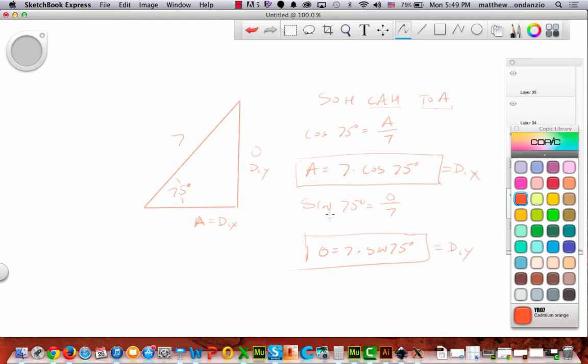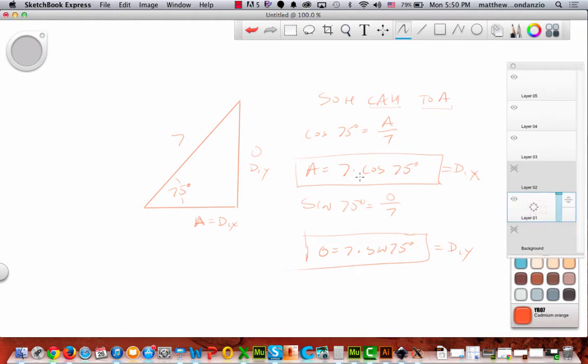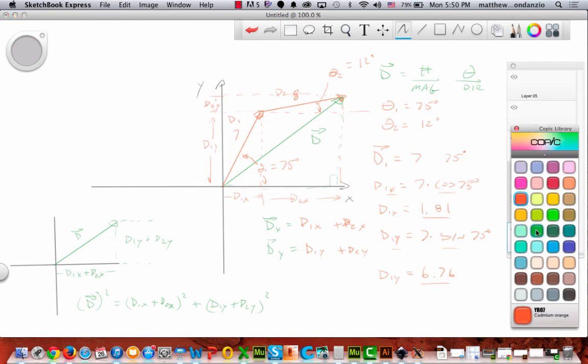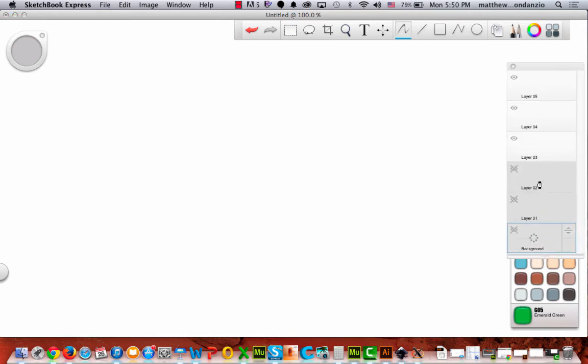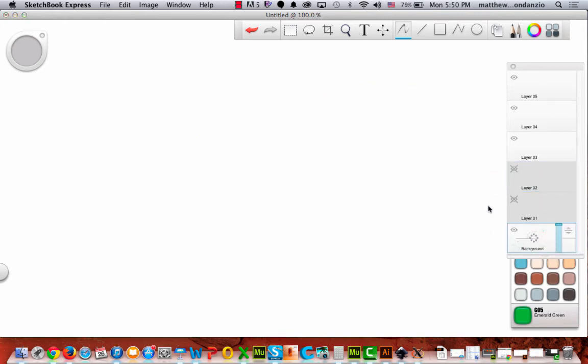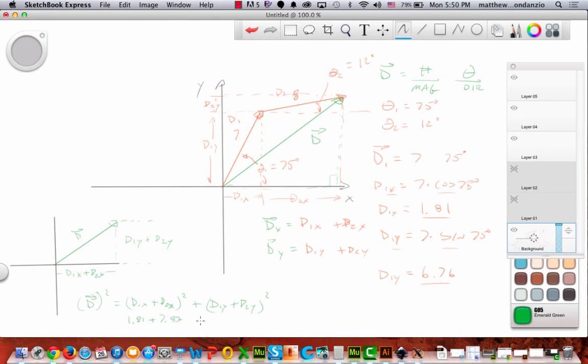So our d1x is... where do I have that? Do I have it somewhere else? 7 cosine 75, right? Oh, here it is right here. So d1x was 1.81, plus d2x. Well, my d2x is over here. d2x was 7.83, and we're going to square that.